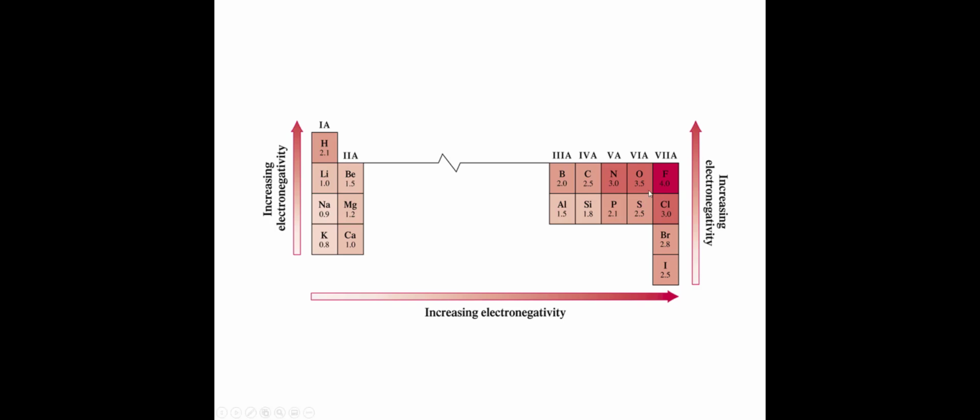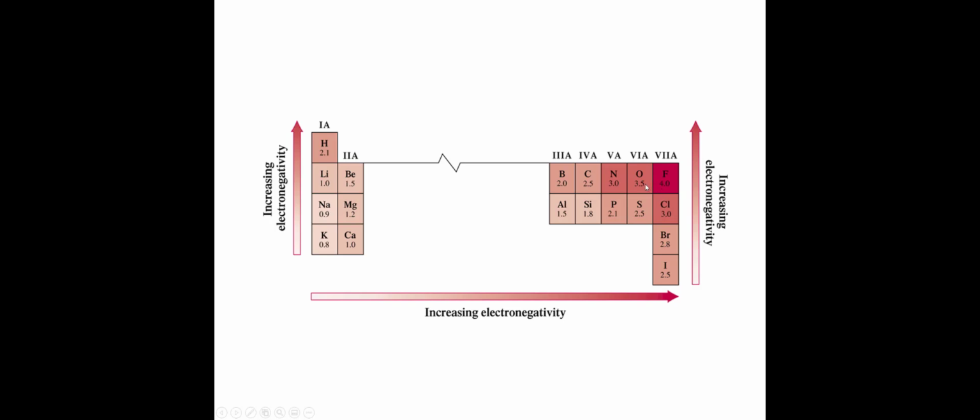You do not need to memorize all these values. However, it would be very useful for the coming discussion if you at least made a note of the electronegativities of fluorine, oxygen, nitrogen, carbon, boron, and hydrogen. Those aren't too hard, because if you know fluorine is 4.0, you just subtract 0.5 each time you move left.